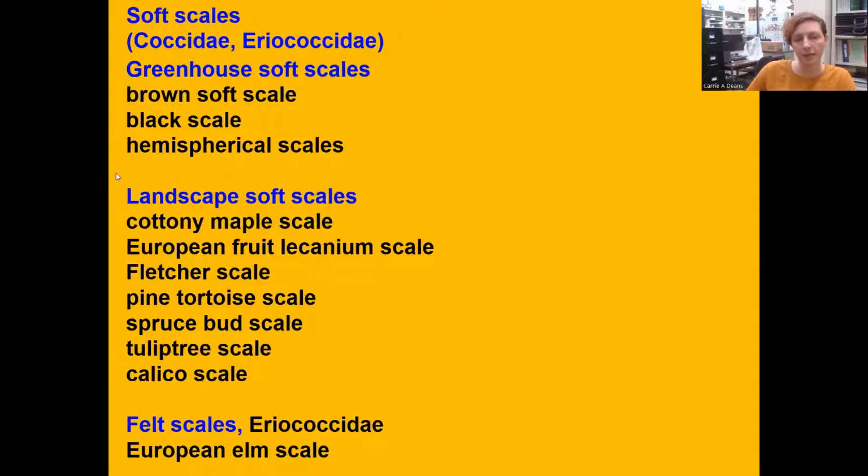For landscape plants, the cottony maple scale, European fruit Lecanium scale, Fletcher scale, the pine tortoise scale, which we already talked about, Bruce spanworm... Bruce bud scale, tulip tree scale, and calico scale can be found as pests in these systems. And for felt scales, Eriococcidae, a particular species, European elm scale, can be quite problematic.